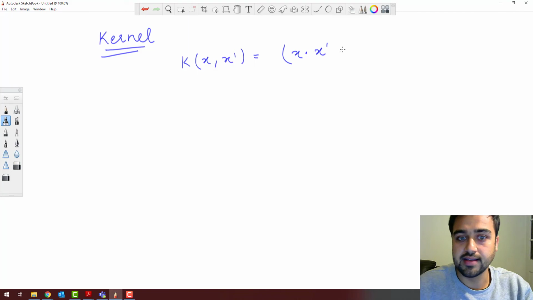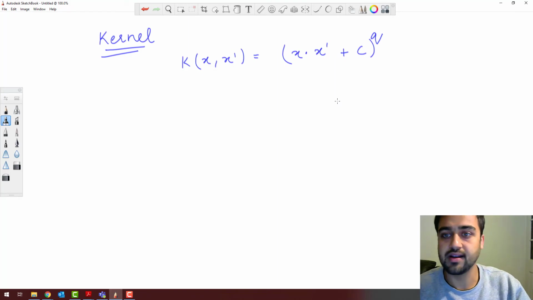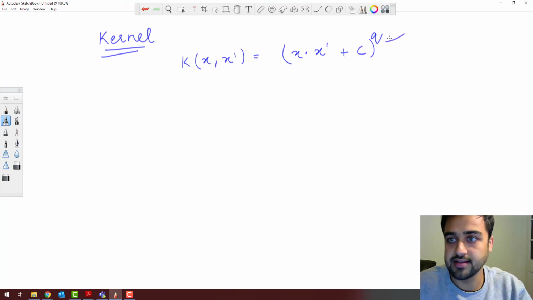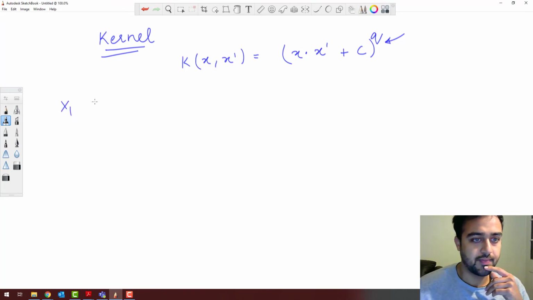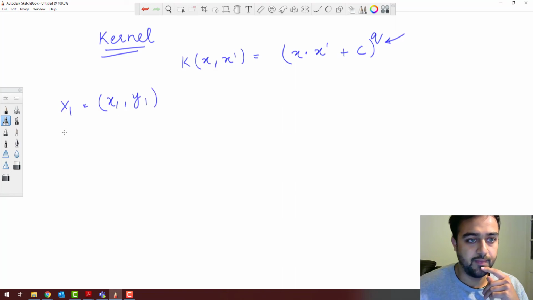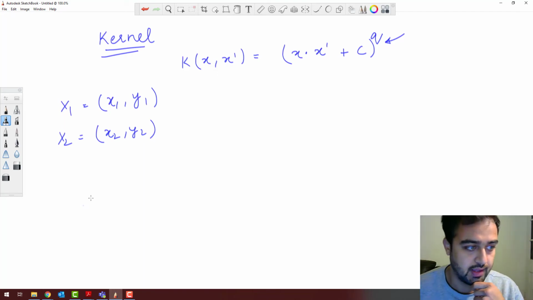A kernel can be defined as the dot product projected or expanded to a new feature space that is of order q, right? So for example, let's take two data points, x1 defined as x1 and y1, and x2 defined by the 2 points x2 and y2, right?